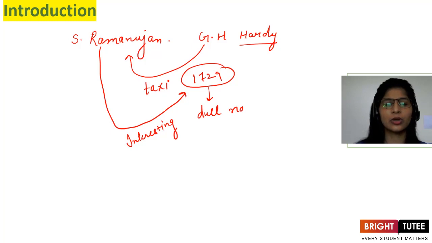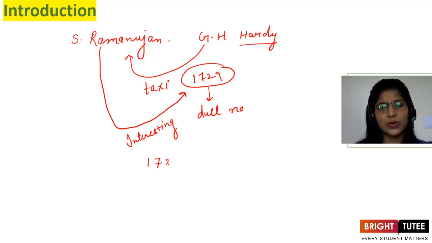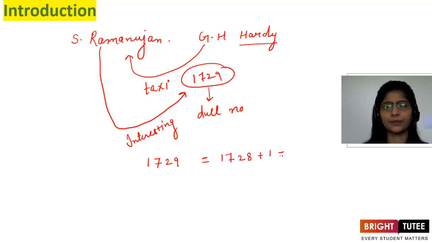and he told one pattern about the number. He said 1729 can be written as 1728 plus 1. 1728 can be written as 12 into 12 into 12, that is 12 to the power 3, plus 1 is a cube of 1. Cube means when we multiply the number with itself 3 times.